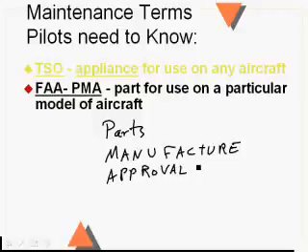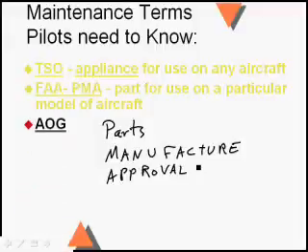Say you decide you want to build parts and you want to build a Cessna 172 windshield. Well, it only fits on, say, 10 models of 172s, but that same windshield won't fit on a Piper Seminole or a Bell helicopter or a Viking Baron. So if you're going to build a part that only fits on one or very few aircraft, then you're going to have it certified under FAA PMA.